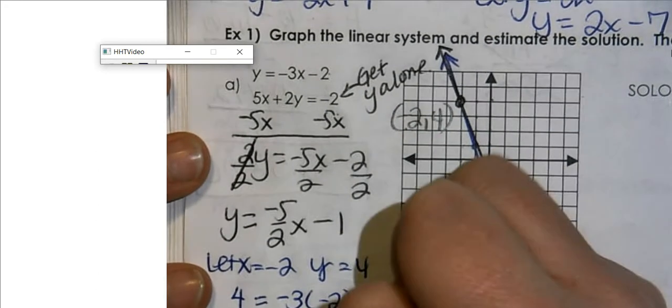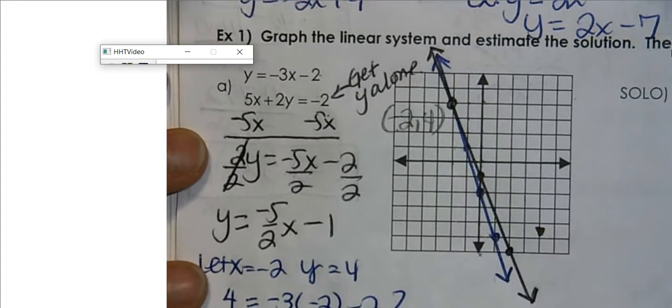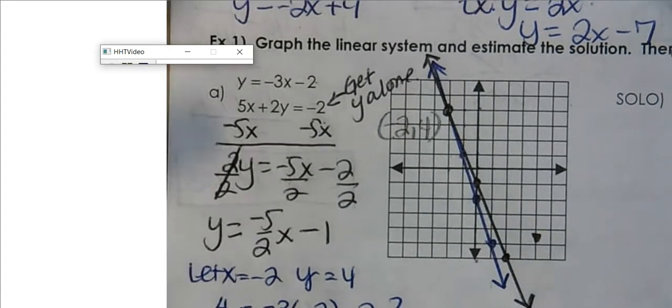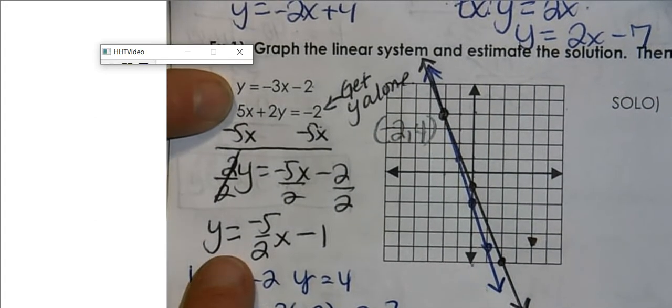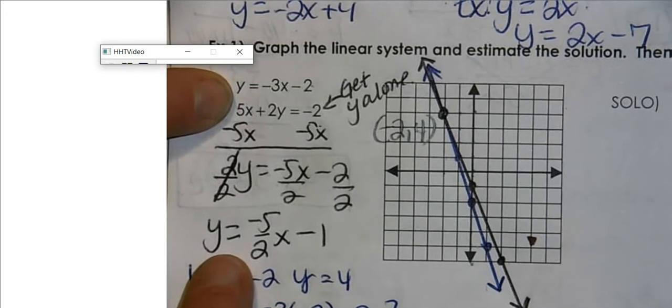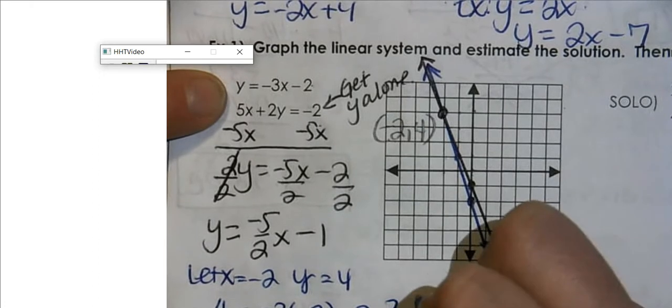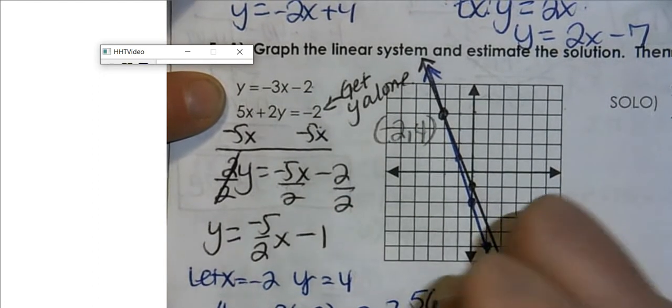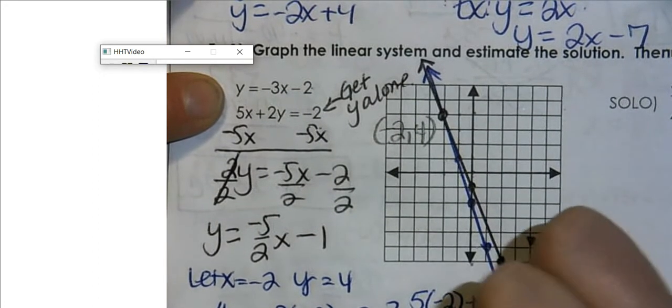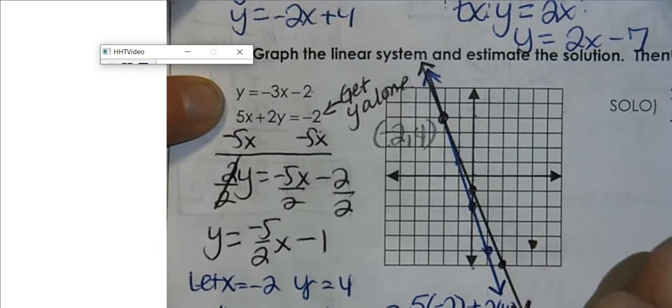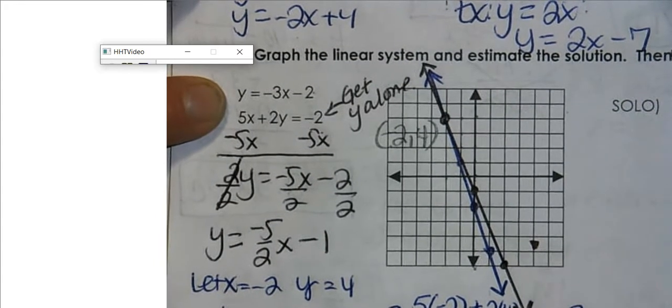Cool. And now whenever you check, we always check back into the original problem. So instead of me working with negative 5 halves x minus 1, I'm going back to the original. So I'm going to write 5 times negative 2 plus 2 times 4. And I'm going to show that that equals negative 2.